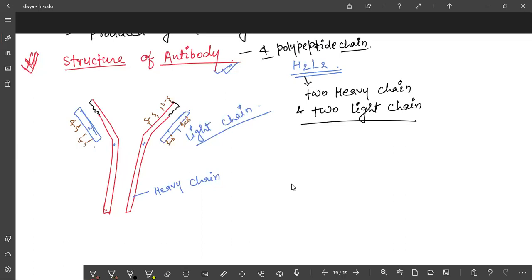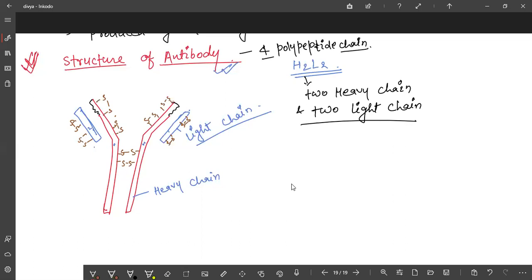Here also it is disulfide linkage, and these two chains are also linked with the help of this disulfide linkage. I am writing here 2 sulfur. 2 sulfur means disulfide bond.